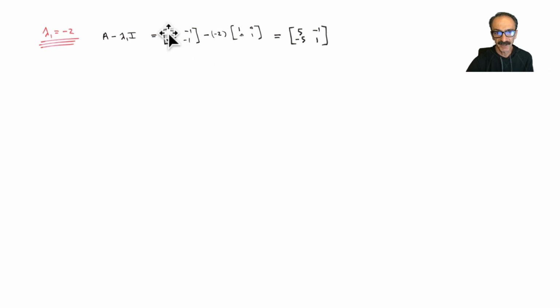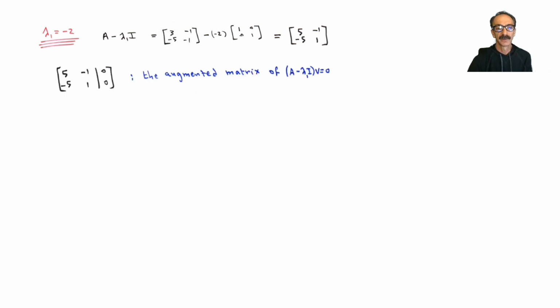So 3 minus -2 is 5. -1 minus -2 will be -1 plus 2, which is 1. Notice this diagonal does not change. It's -1 and -5. Lambdas only affect this main diagonal.